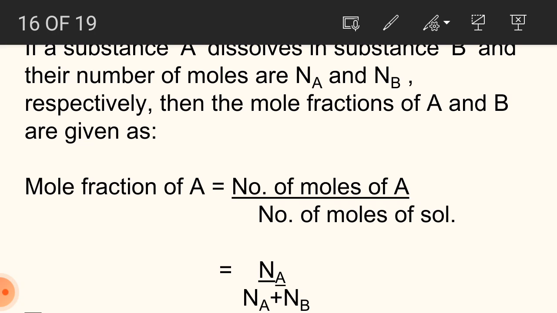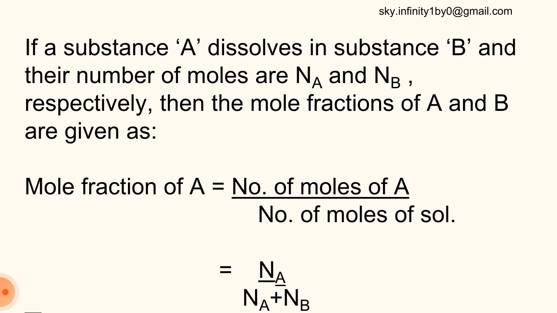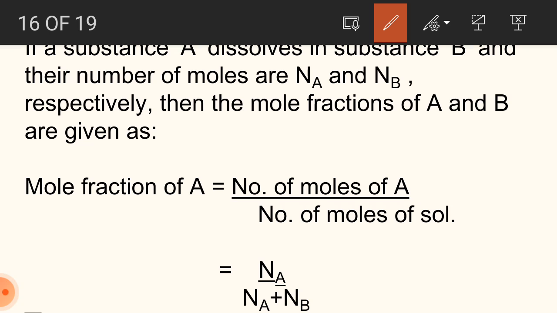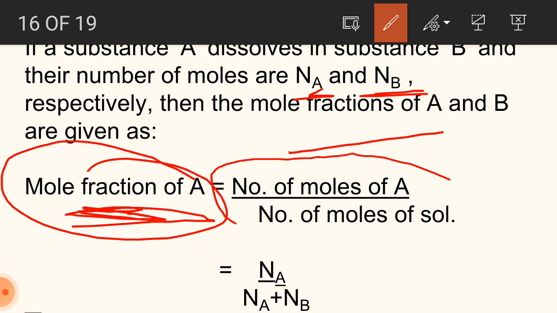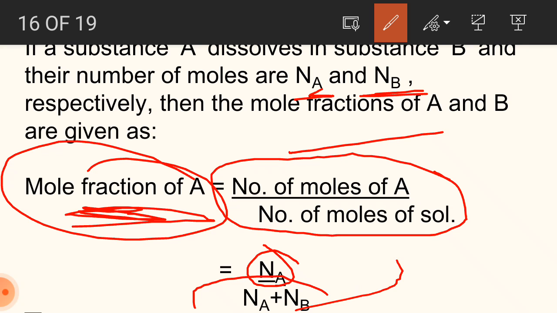Moving on to mole fraction. Now let's consider mole fraction. For example, we consider two substances A and B, and the number of moles in A and B are denoted as Na and Nb respectively. Then the mole fraction of A is given as the number of moles of A divided by the number of moles of the solution, that is Na plus Nb.